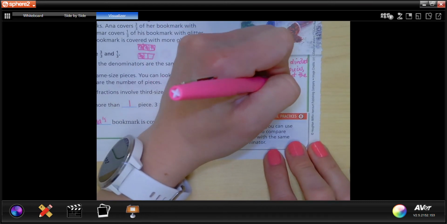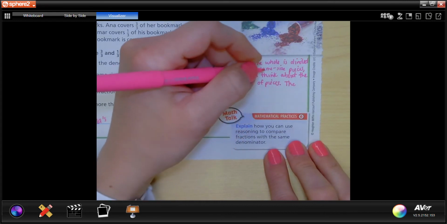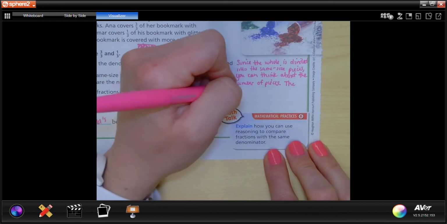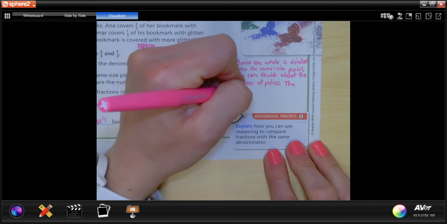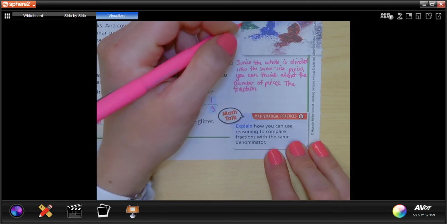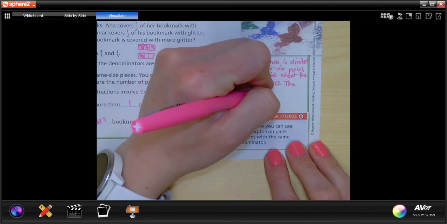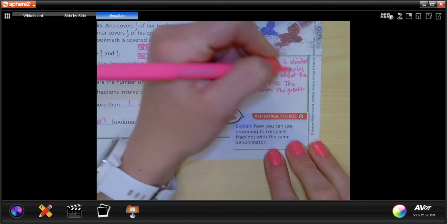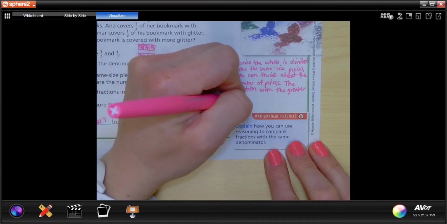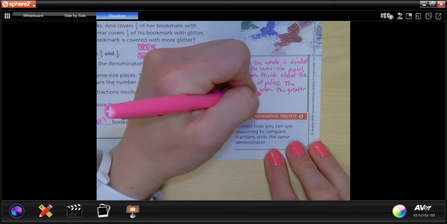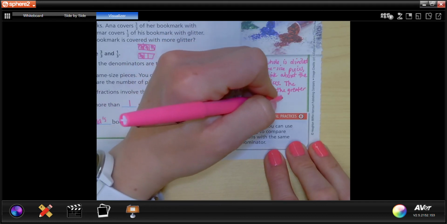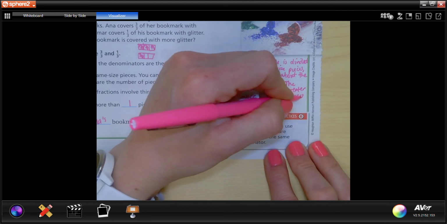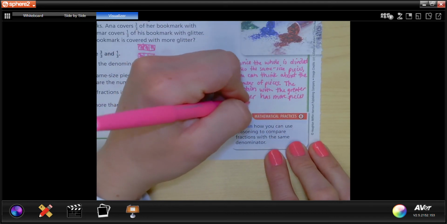Excuse me. The number, or the fraction. Sorry, I'm not thinking the fraction. With the greater number has more pieces and is greater.